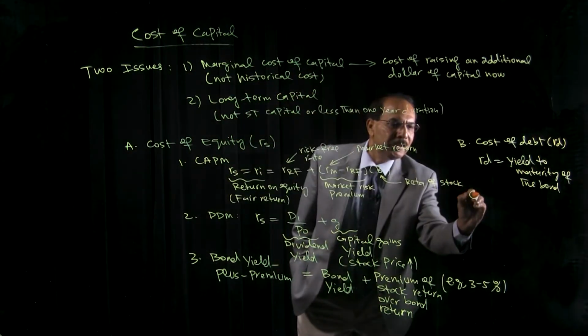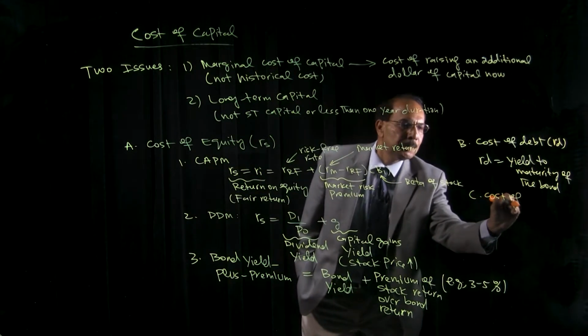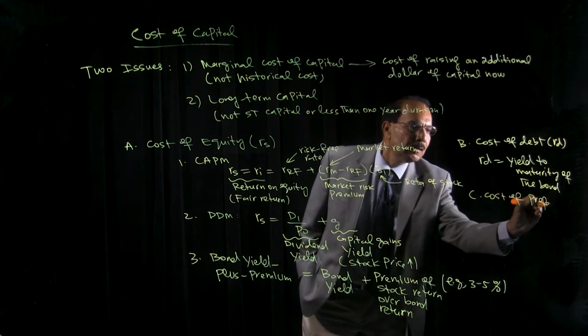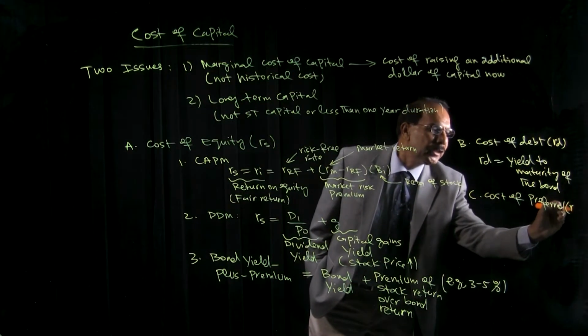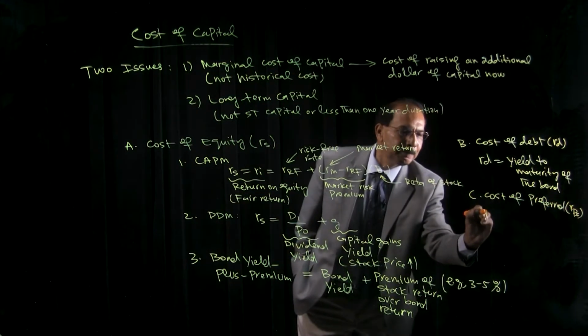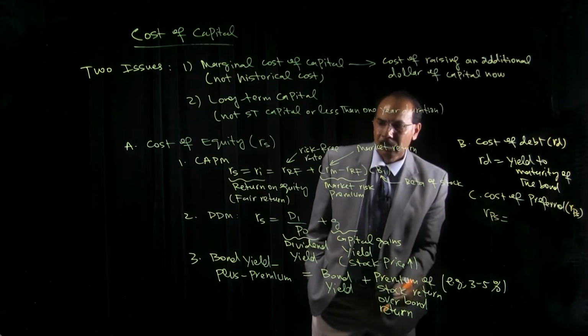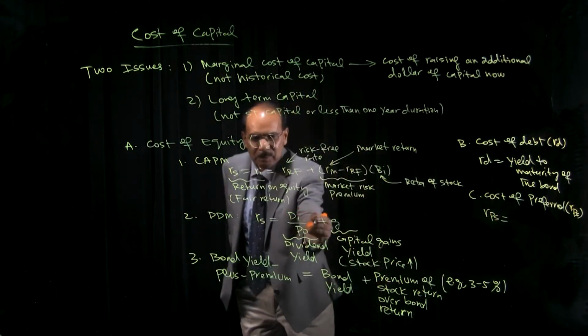And then finally, cost of preferred, which I wrote earlier as R sub PS. This approach really comes from here.